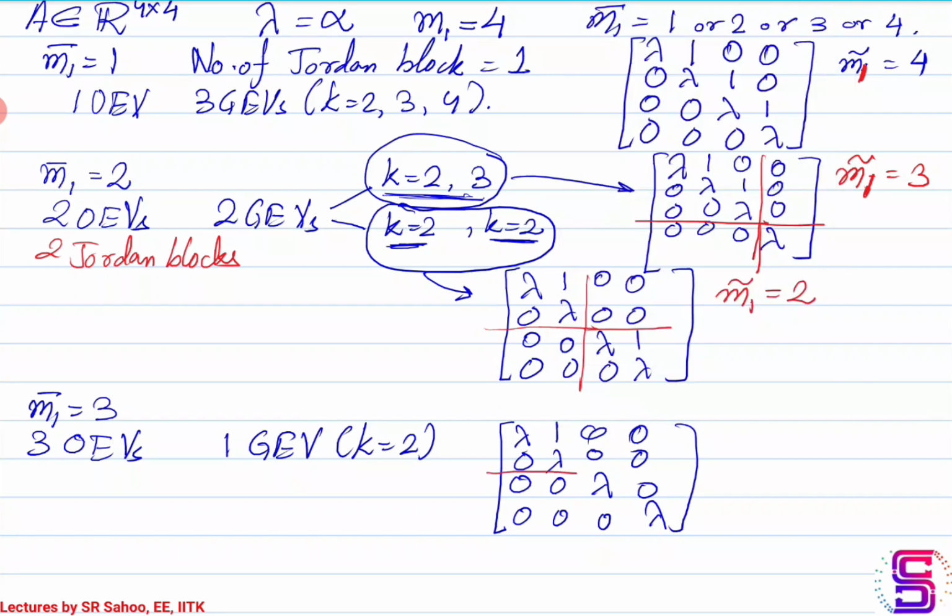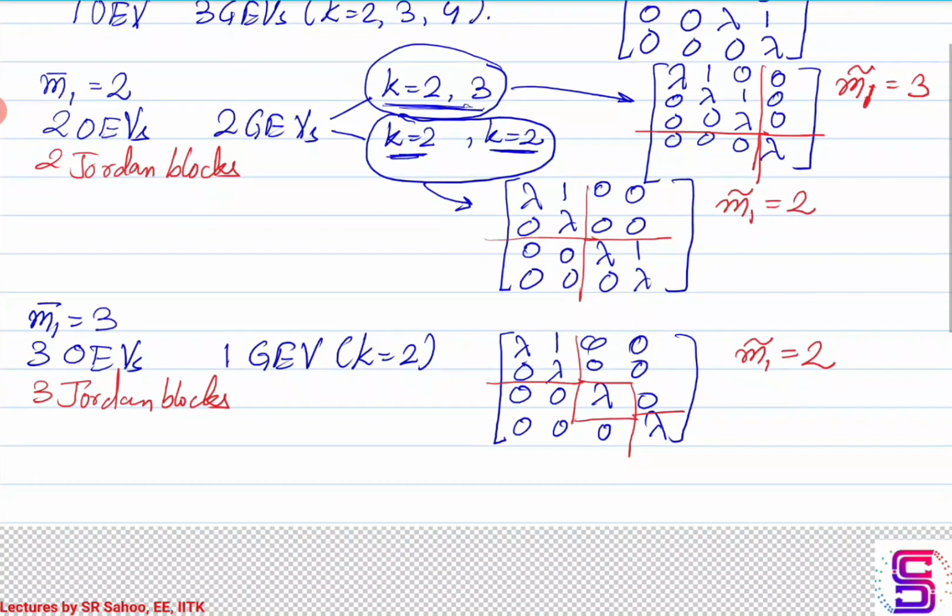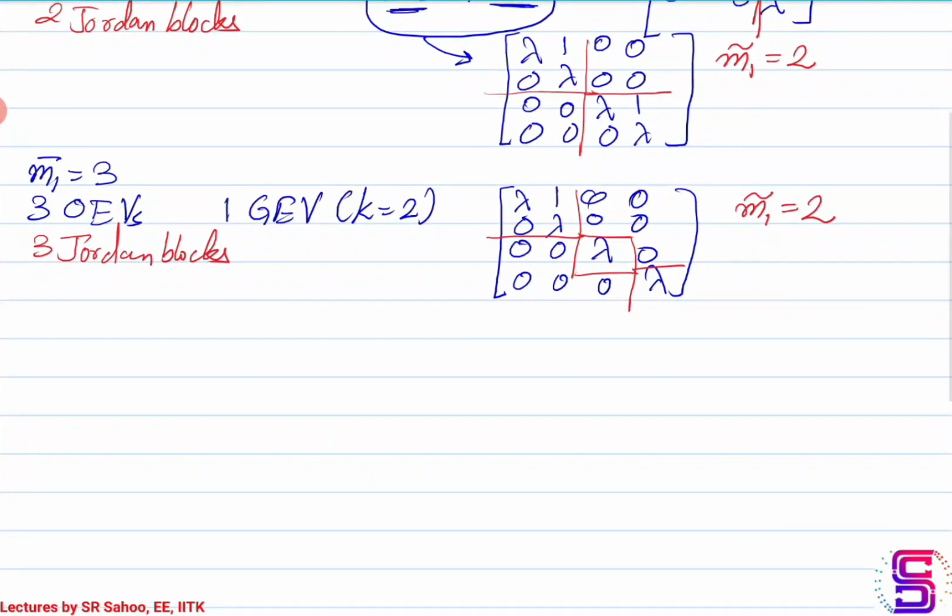Okay, so how many Jordan blocks we see? Here we see that there are 3 Jordan blocks. Okay, so 3 OEVs means that there are 3 Jordan blocks, but the index in this case is going to be 2.